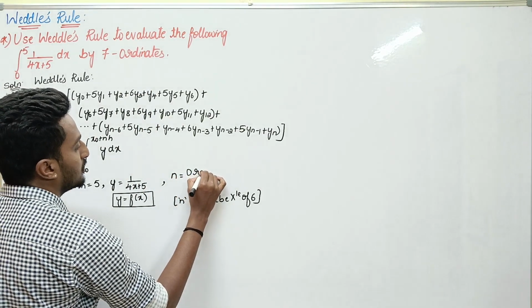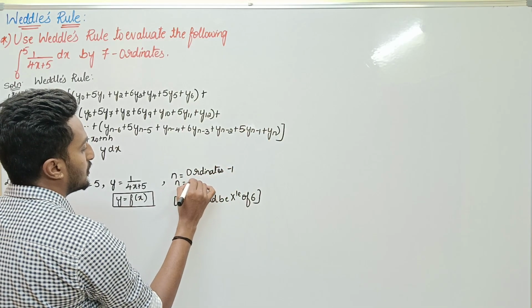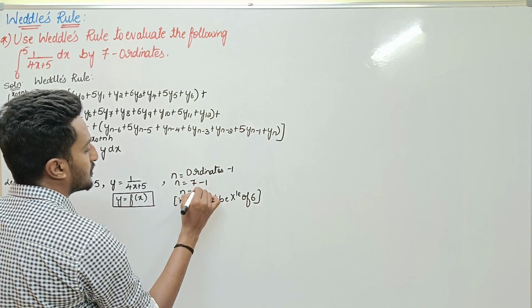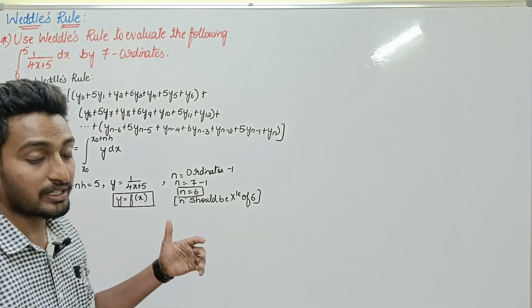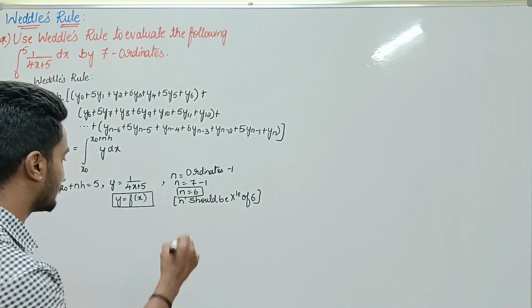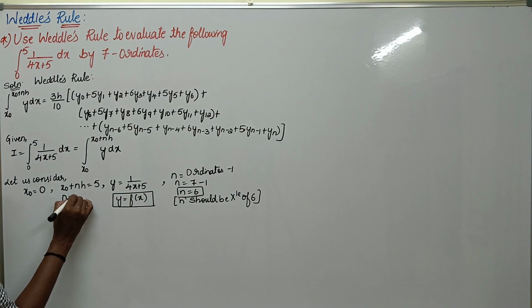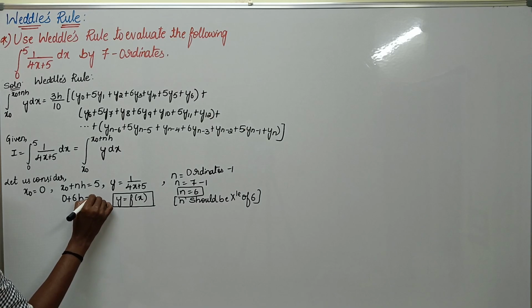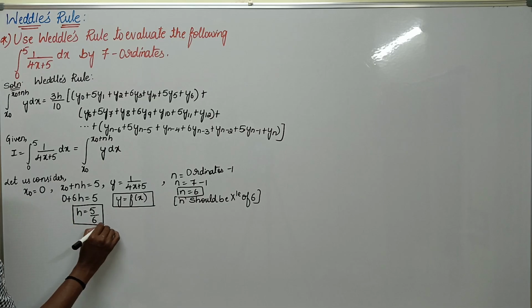So what I am going to do, ordinates minus 1, n equal to 7 minus 1, n equal to 6. Now you can consider n equal to 6, which is a multiple of 6. To simplify, x naught 0 plus n 6, h equal to 5, h equal to 5 by 6. Got the point? H equal to 5 by 6.